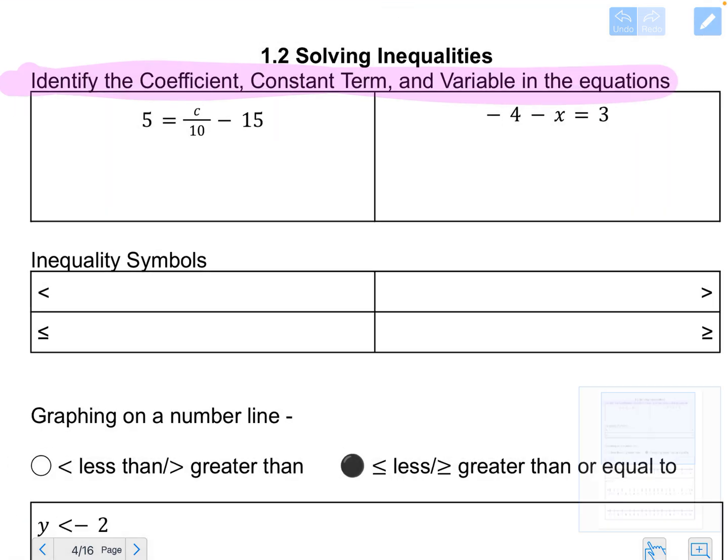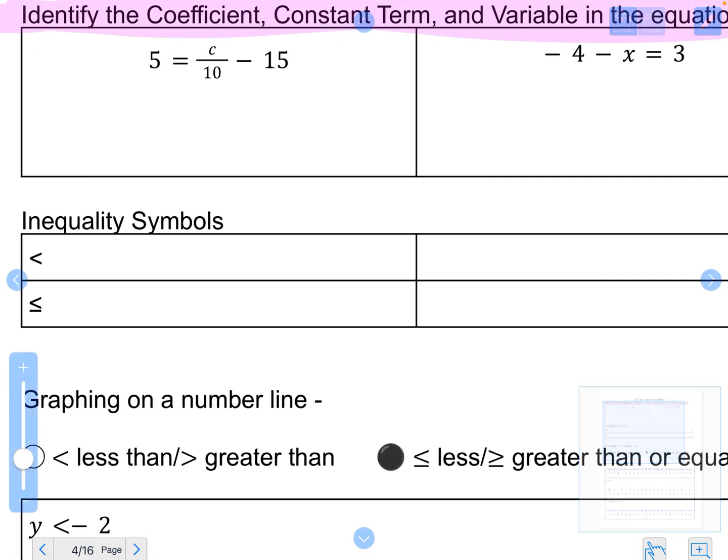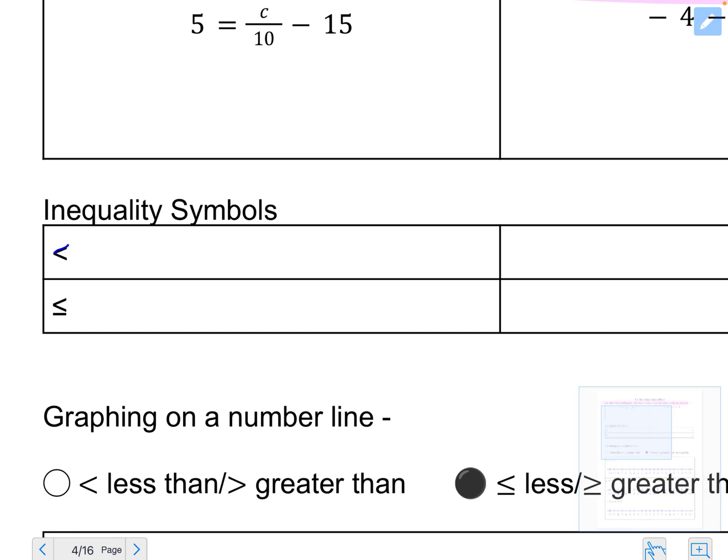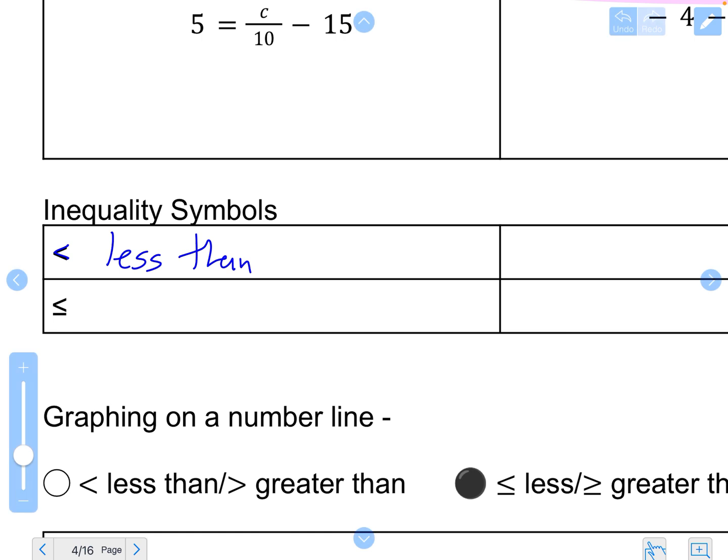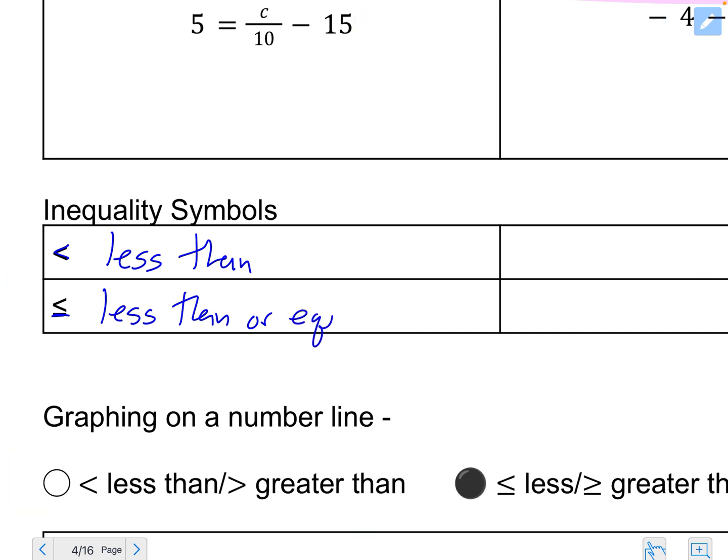All right, so first and foremost, let's talk about our inequality symbols. This symbol right here with our little arrow pointing to the left is our less than symbol. If it's got a line underneath it, that tells us that it's going to be less than or equal to.